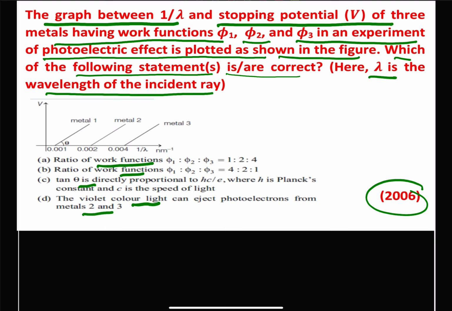So first of all, the graph is given that we have three metals, metal 1, metal 2 and metal 3, and respectively their intercepts are also given, that is 0.001, 0.002 as well as 0.004, and this is plotted against the stopping potential V. So from here we can write the equation with respect to the inverse of the wavelength, because the graph is given with respect to the inverse.